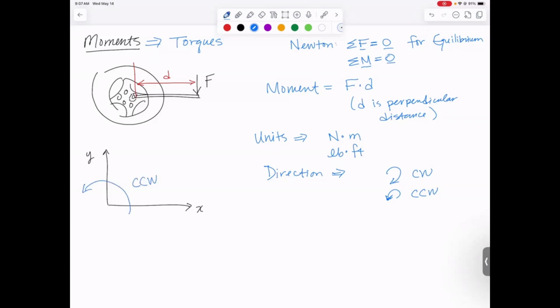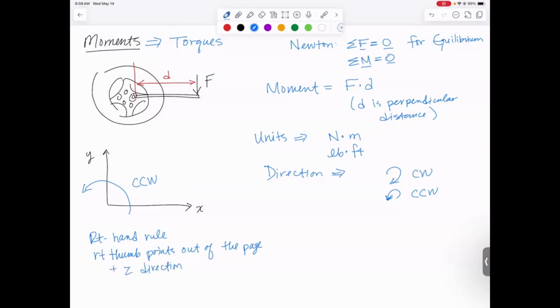And if we're going to end up using the right hand rule, so the way we use the right hand rule in this class is if you curl your hand so that your fingers are heading that direction, your right thumb will be pointed straight out of the page at you. For a moment that's counterclockwise, points out of the page at you. And out of the page for X, Y, and Z, right-handed coordinate system, that's in the positive Z direction.